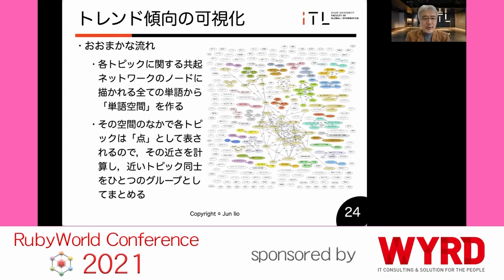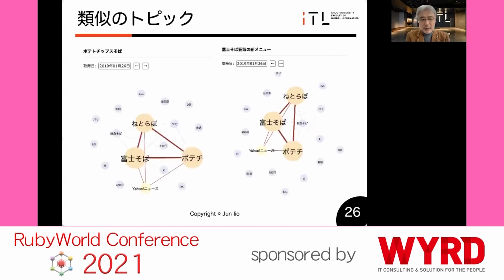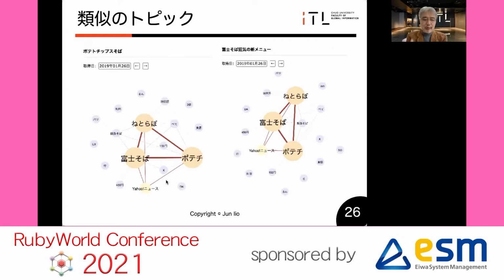So the latter part of my presentation is about a topic map using cosine similarity. This is to measure and analyze the relationship or the similarity of the topics. Here, the potato chip soba and the Fuji soba new menu. If you look at the co-occurrence network, you have the big nodes, Netlab, Fuji soba, potechi, and smaller nodes, Yahoo News and Hankyu soba.